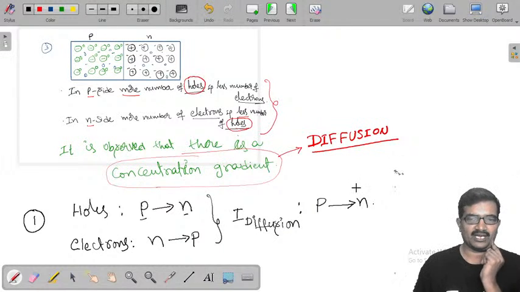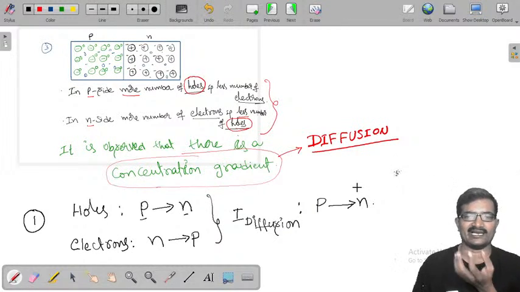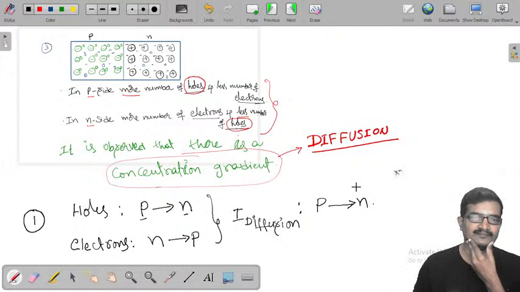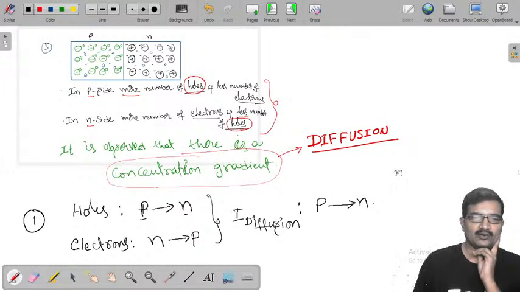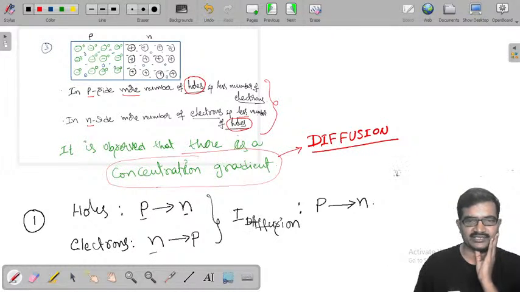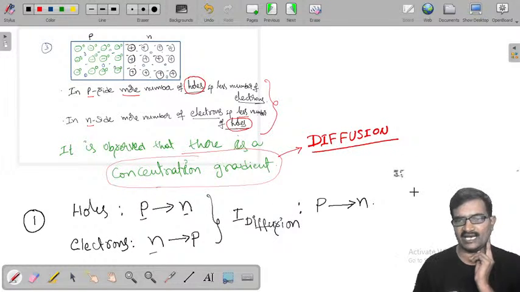Now I want to estimate whether this current is a low value or high value. Here holes in p region and electrons in n region are majority charge carriers. So this current is due to the movement of majority charge carriers. That's why this current is high value.